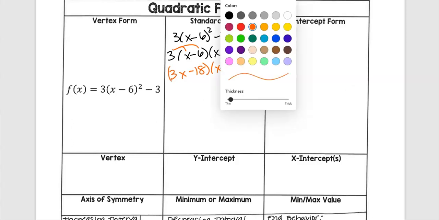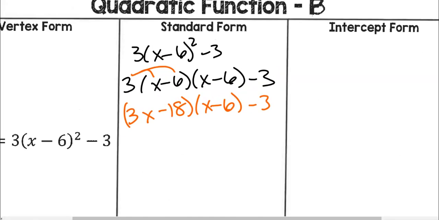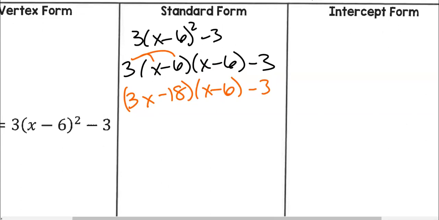And we're still looking at the FOIL. Now we're foiling those two together. Let me zoom in for y'all. There we go. So first, outer, inner, last. 3x times x. There you go. 3x times negative 6. Oh, negative 18. Negative 18 times x.